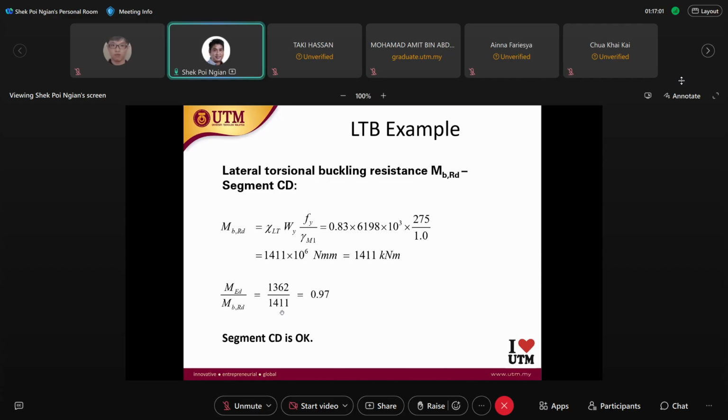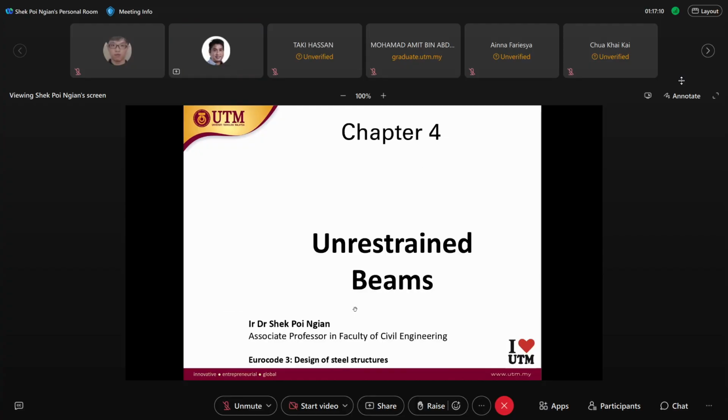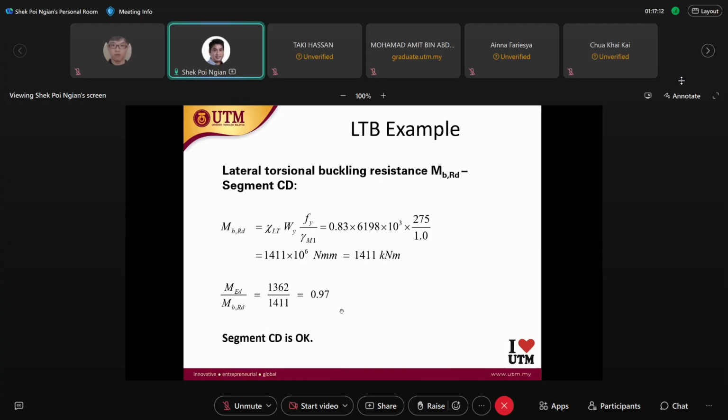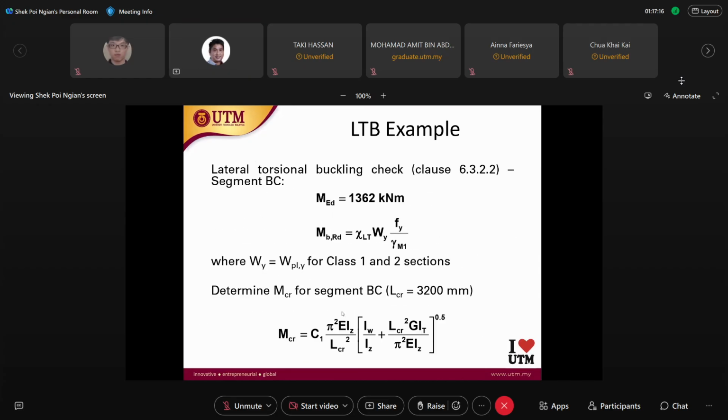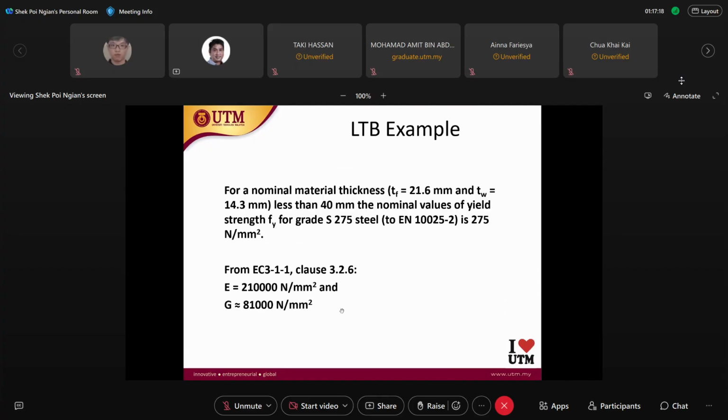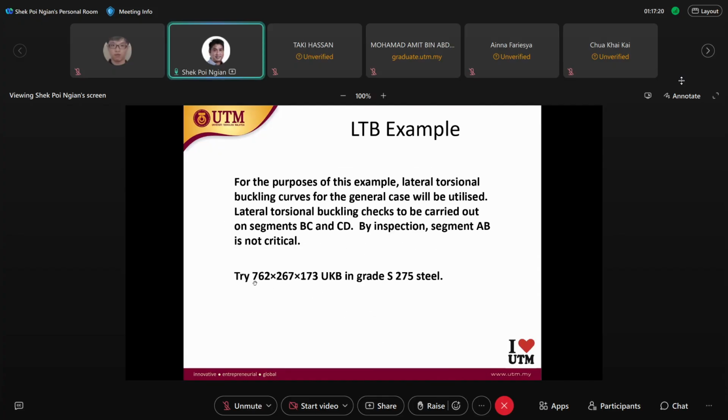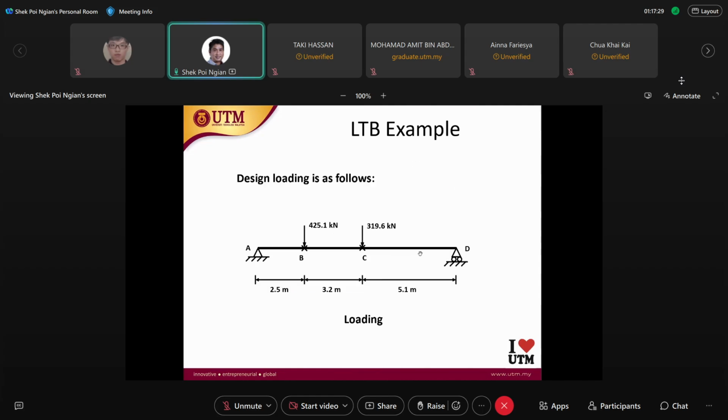Therefore, by checking segments BC and CD, and both checkings are okay, the beam is safe. This beam size 762 by 267 by 173, grade 275 is adequate to resist this load.